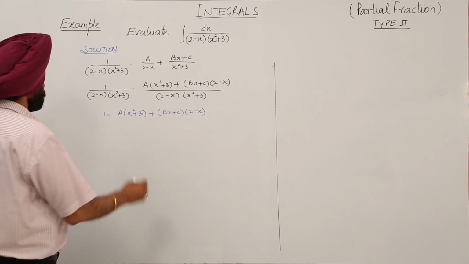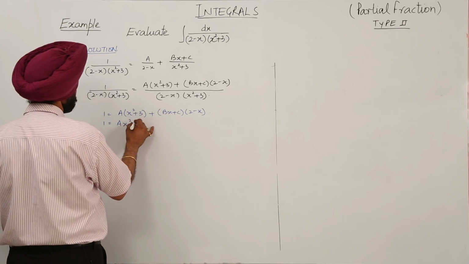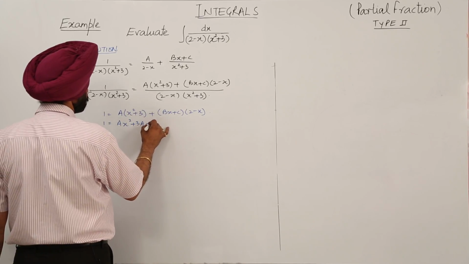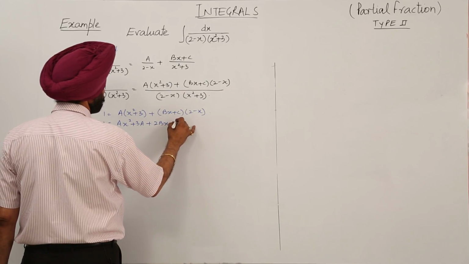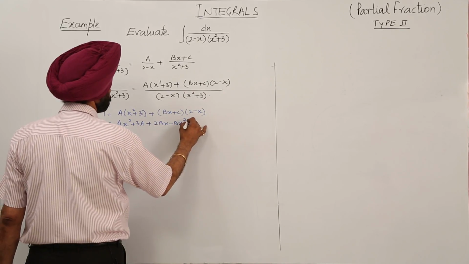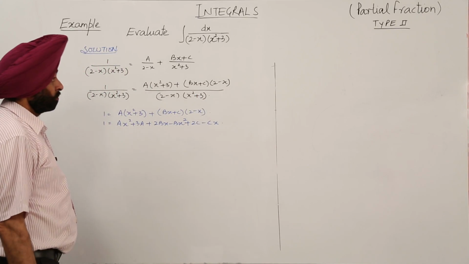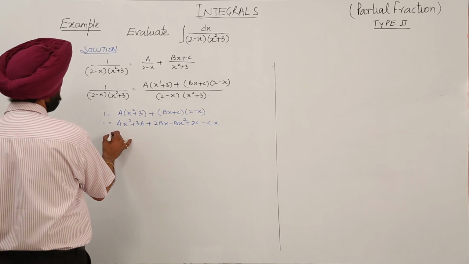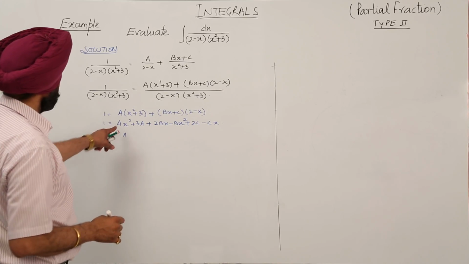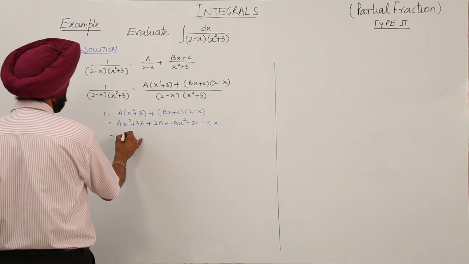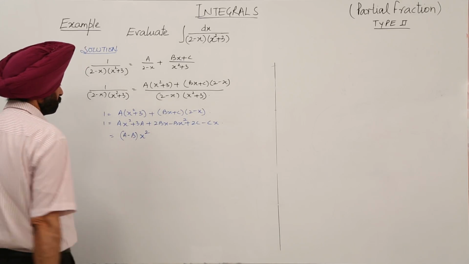Is it clear? So now this is equal to 1 is equal to ax square plus 3a plus 2bx minus bx square plus 2c minus cx. Now further we are getting ax square minus bx square, (a minus b) x square.